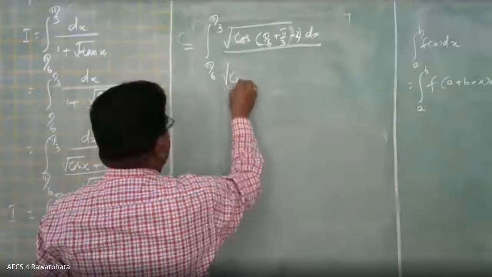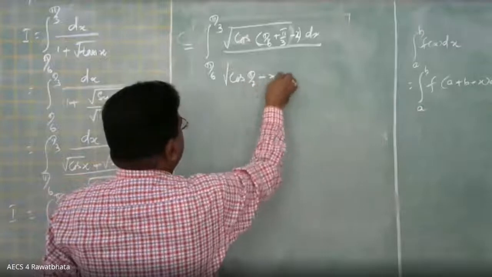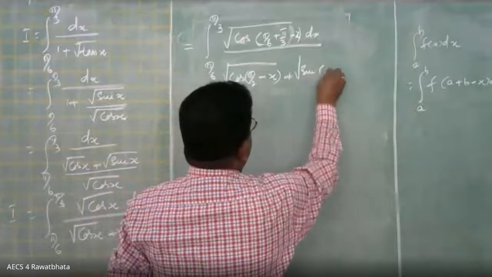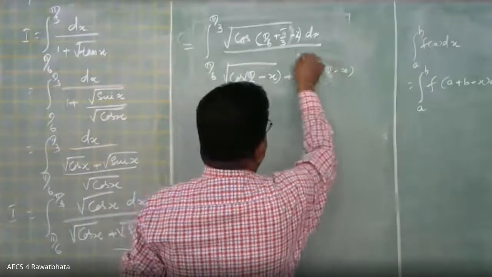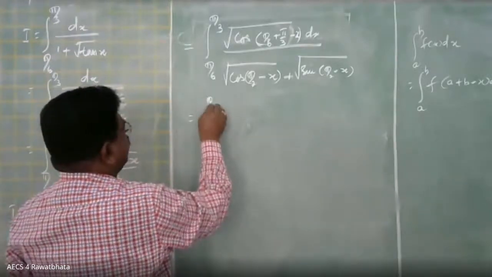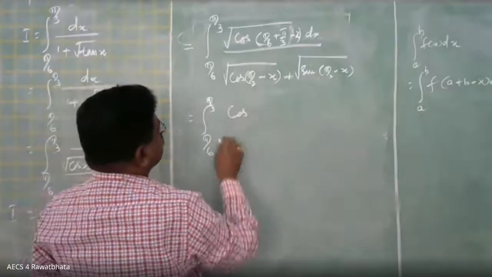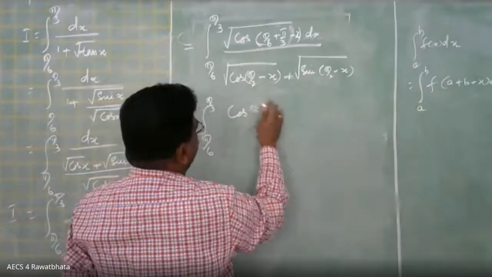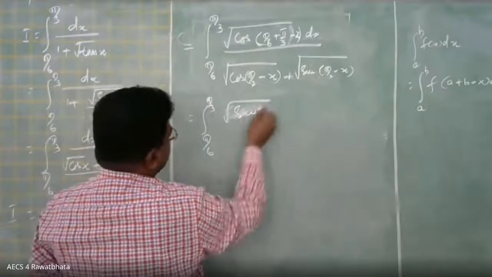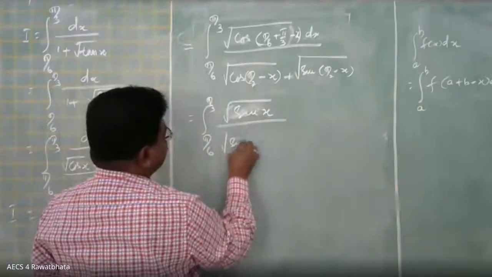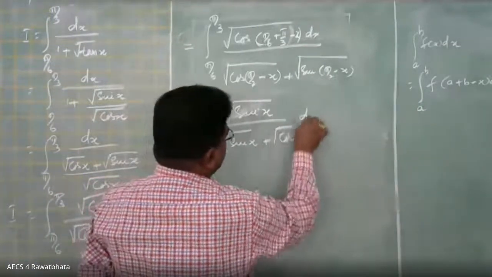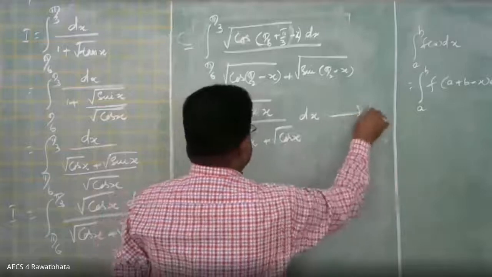So that is cos(π by 2 minus x) plus root of sin(π by 2 minus x). So that is equal to the integral from π by 6 to π by 3 of cos(90 minus x), that is sin x, and here root of sin x plus root of cos x dx. So keep it as this is 2.